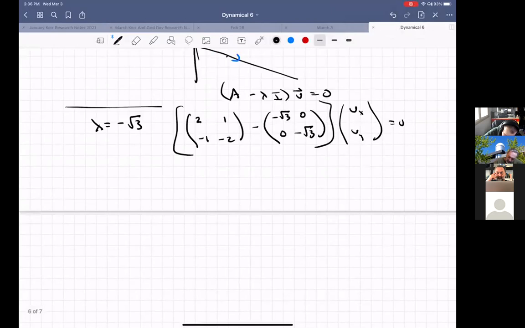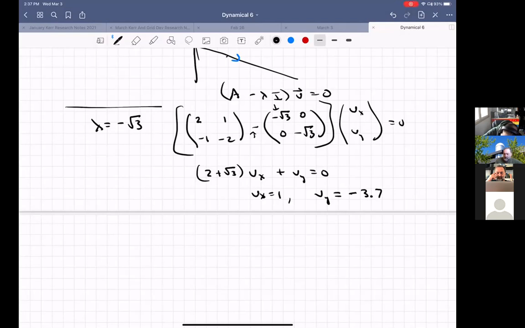So I have here 2 plus root 3, because the minus sign is in the eigenvalue, times Vx plus Vy is equal to 0. If I stick in Vx equals 1, then Vy would be minus 3.7, right? Because root 3 is about 1.7, so 2 plus root 3 is about 3.7.